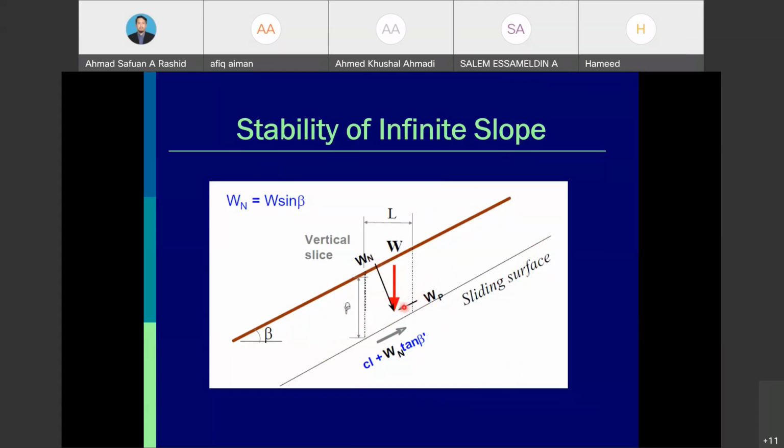So this is perpendicular, or in a normal condition.